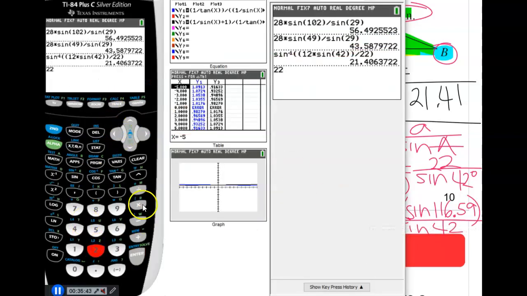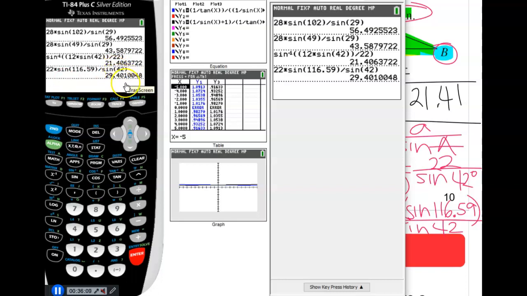So 22 times sine of 116.59 divided by the sine of 42. And we get 29.401, so we're going to round this to 29.4 or 29.40.